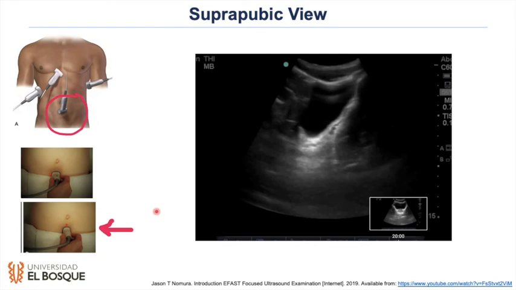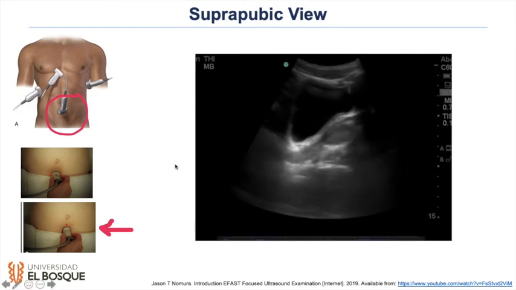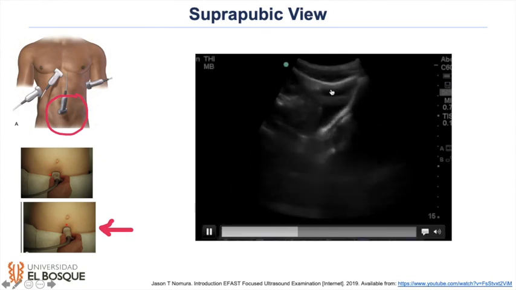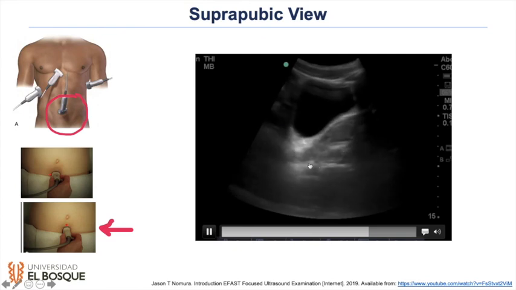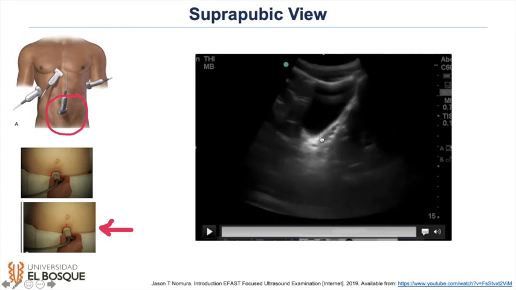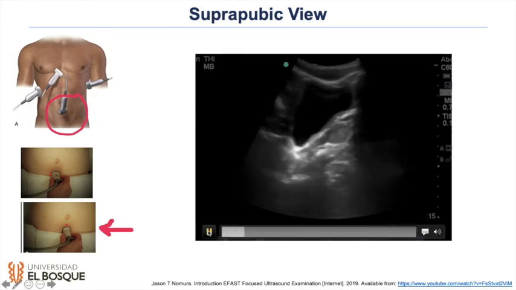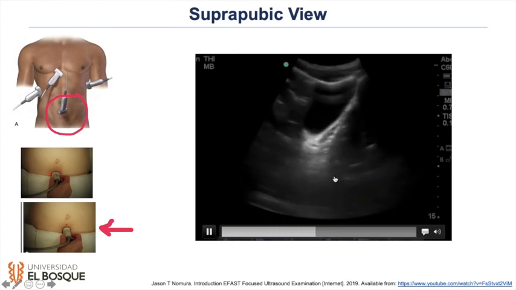And this is how you're going to see it with a vertical position of the probe. Here is the bladder, and you can see some bowel here, and you have to look at this region. This is a male, and you're going to look at the retrovesicular space here.